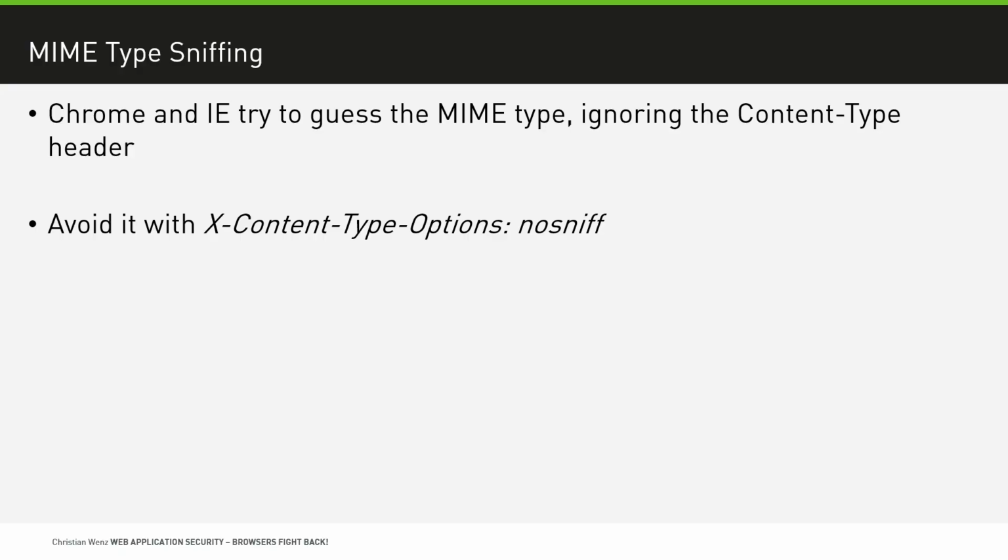Because if you avoid guessing the MIME type, that reduces the exposure to drive-by downloads, right? So you know that, for instance, Chrome, good example here, doesn't ask you, download this file, yes, no. It just starts downloading, right? And then the file resides somewhere on your system, maybe gets executed. So the exposure to drive-by downloads can be reduced by that technology.